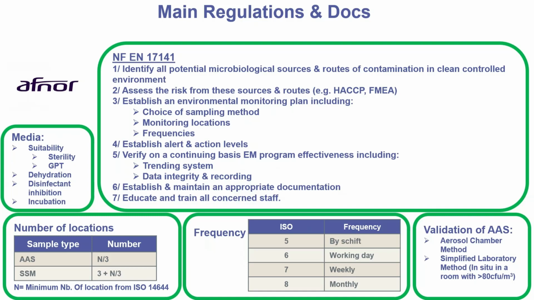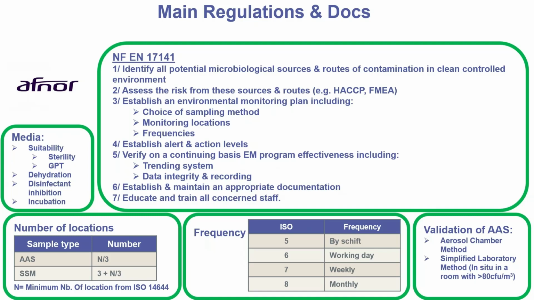Also included are elements relevant to the verification on a continuing basis of the EM program effectiveness, which include the training system, data integrity, and recording. Also the establishment and maintenance of appropriate documentation, and finally the education and training of the personnel.